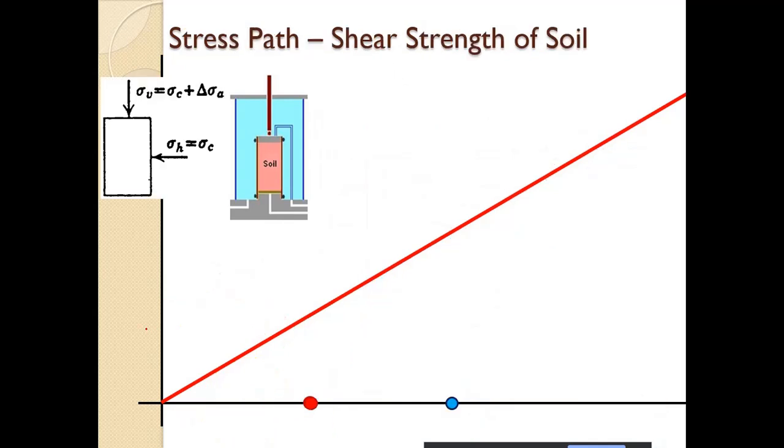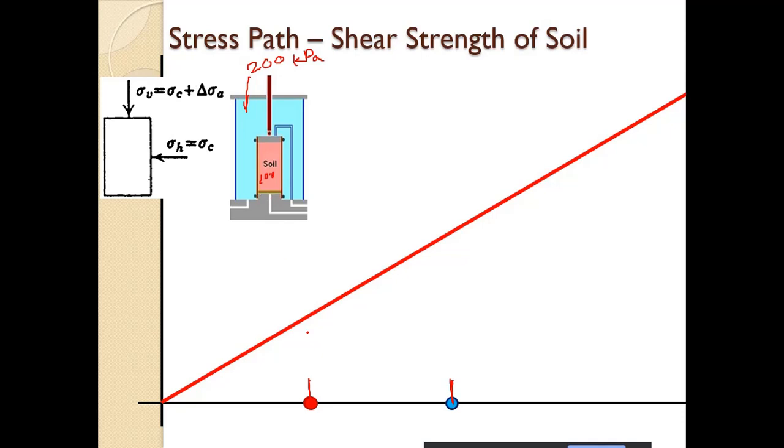Now we will consider the undrained case. Again we will start from the same initial condition. This is the total stress, so we have 200 kPa cell pressure, and the pore water pressure is suppose 100 kPa.